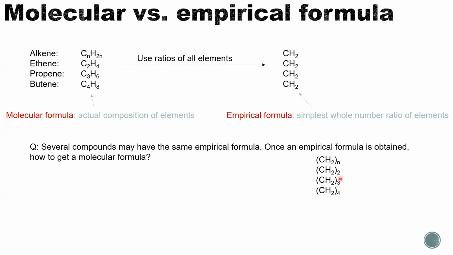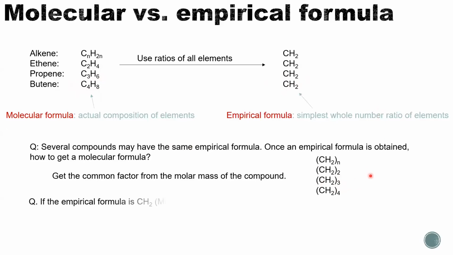This common factor can be determined by comparing the molar mass of the molecular formula and the molar mass of the empirical formula. So that's how we're going to get this factor.